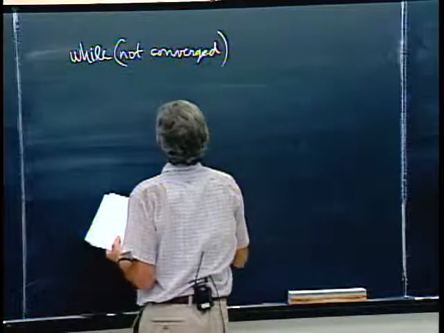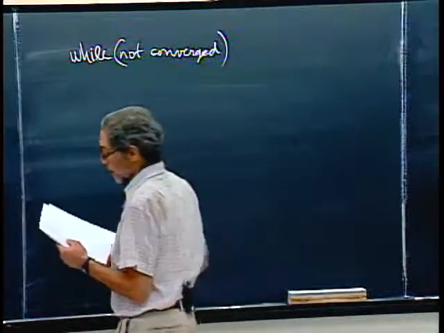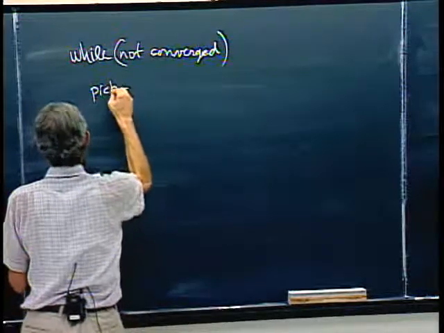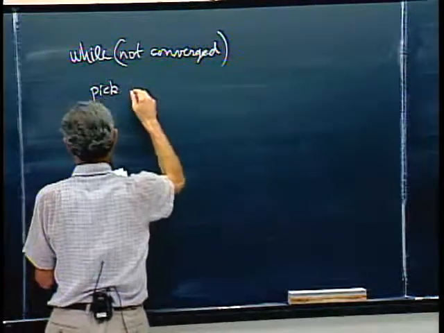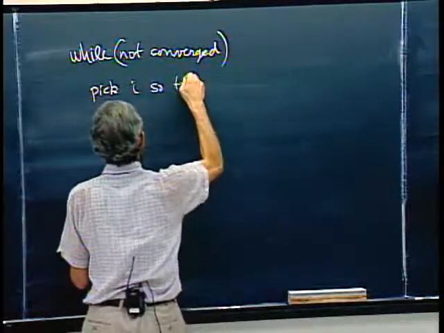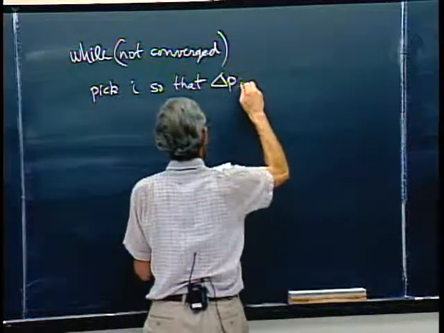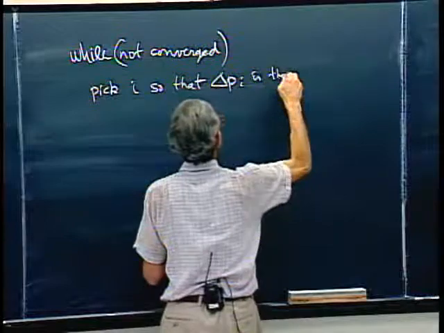what you might want to do is pick I so that the unshot radiosity is the largest.